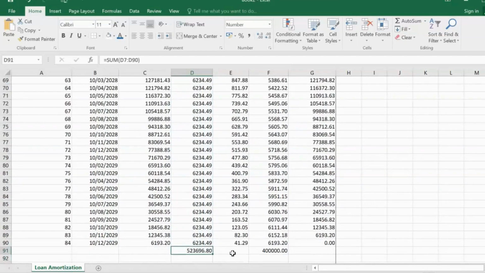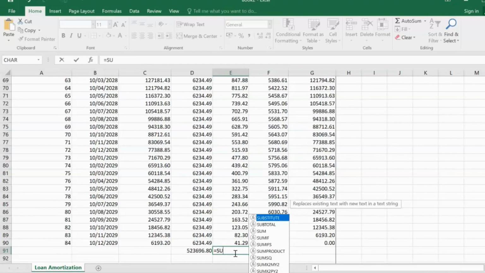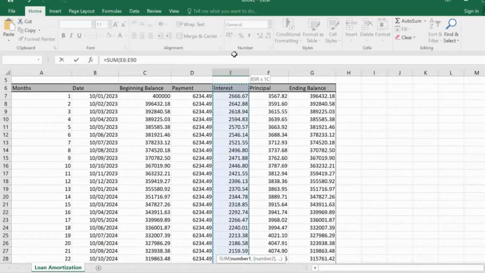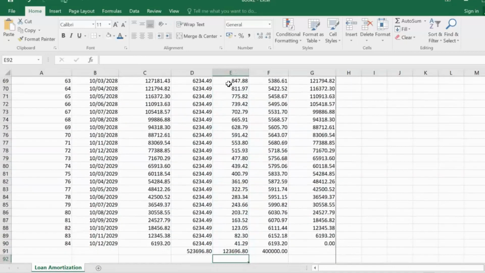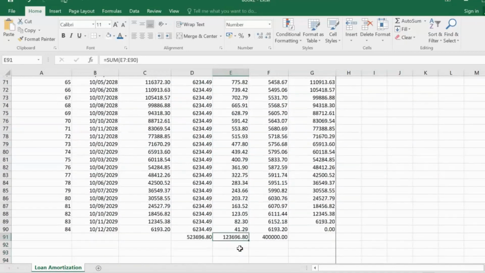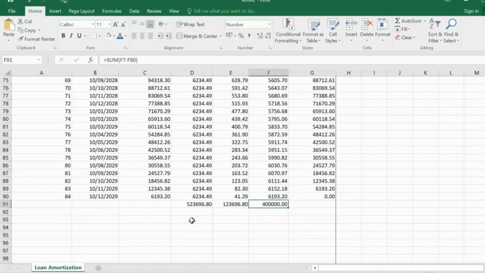This is the amount that you paid. You can also get the interest that you paid after the period. So that's the interest. If you want even to make sure this is correct, just come here, minus this, you get 400,000. And that's it.